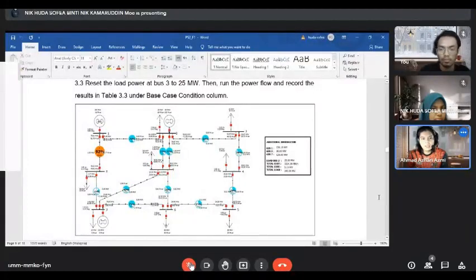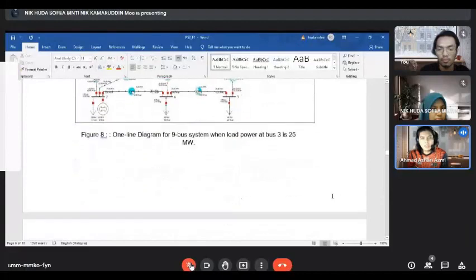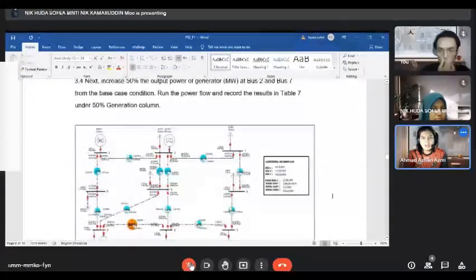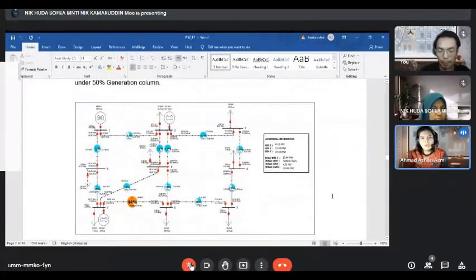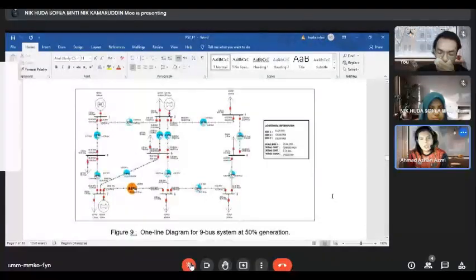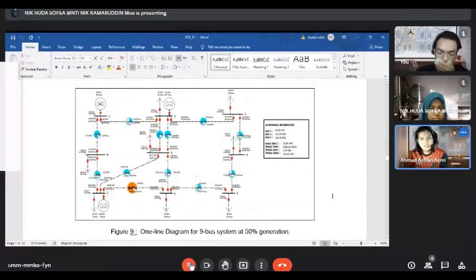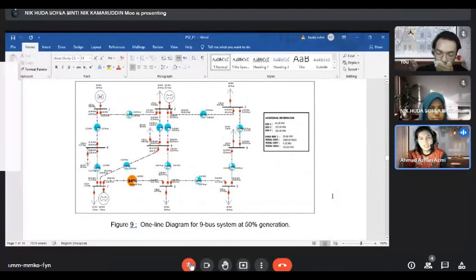Next, we will increase the output power of the generators at bus 2 and bus 7 by 50%. So from 80 megawatt to 120 megawatt at bus 2, and 120 to 180 at bus 7. This is the result for the 9 bus system at 50% generation.